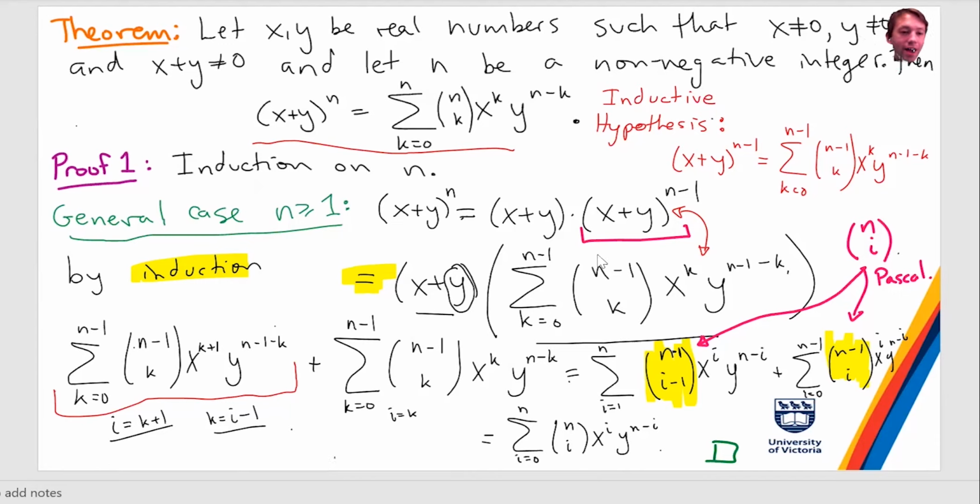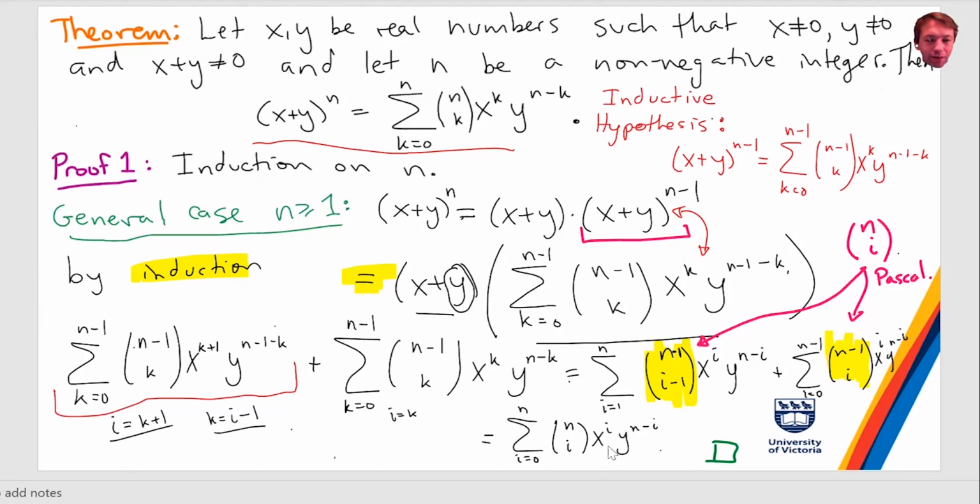There's a question about why I can set i equals k and i equals k plus 1. Basically, if you're summing over some index i, the name of the index doesn't really matter. The only reason I define this i in the first sum is to change the index of the sum, to rewrite it in a different form.